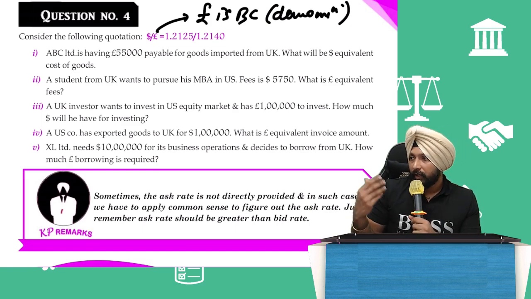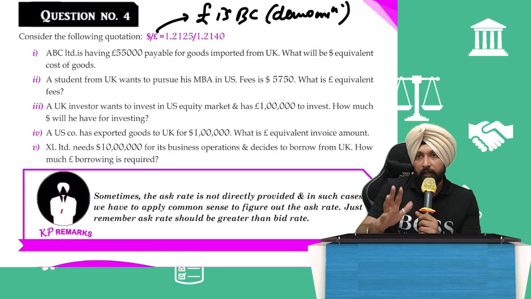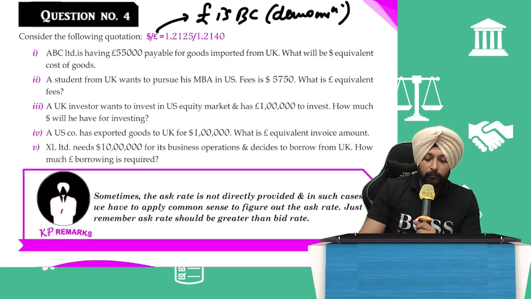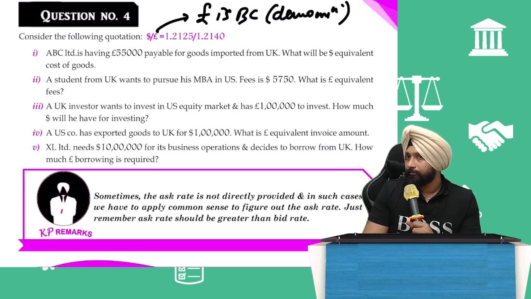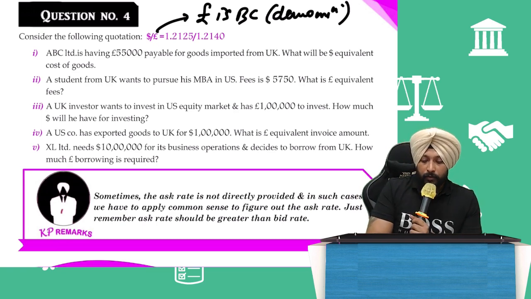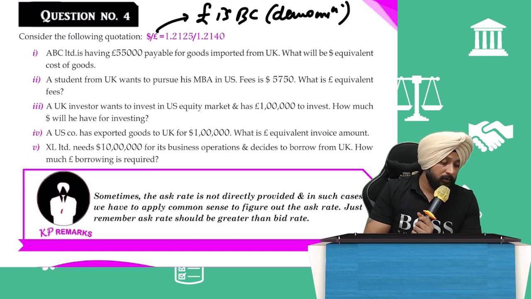You can take 30 seconds, 1 minute time, think about it, then I will tell you the answer. You think of the situations which we have studied. What will the company do?